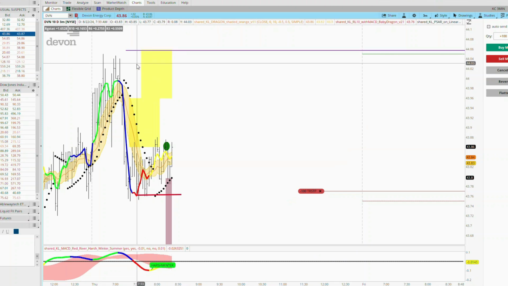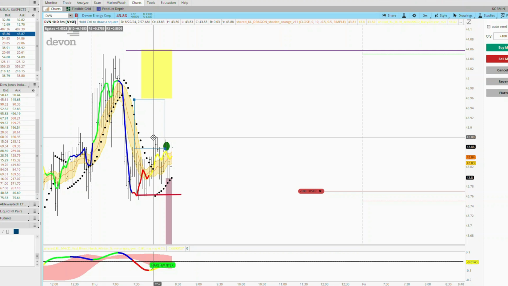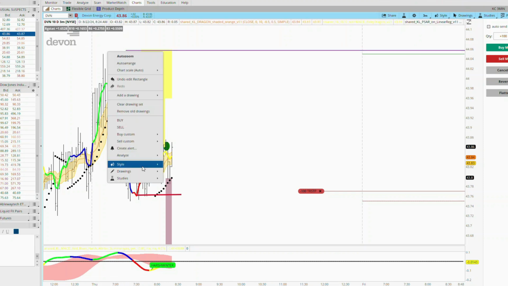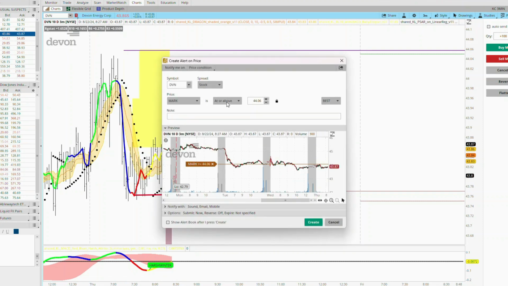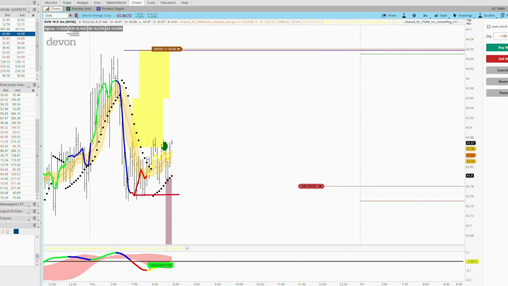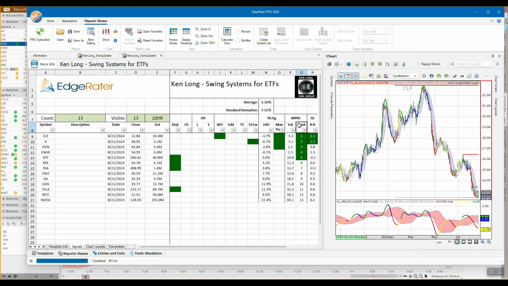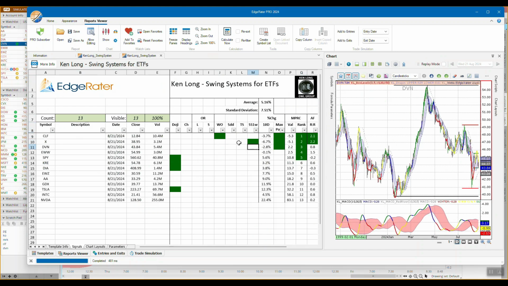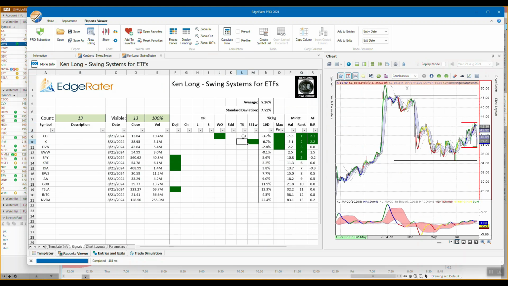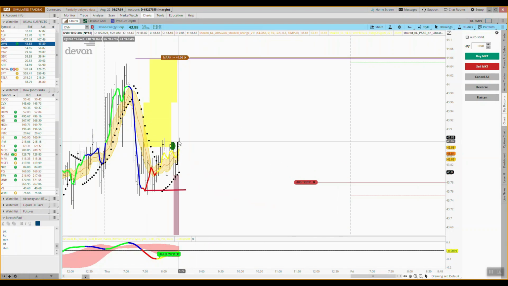The target here is about 2R of our initial risk, so if it gets up to here, I'm going to put an alert in and then tighten up my stop. The main thing is that if we look on EdgeRater yesterday, Devon was one of the top MPRCs. We also had X, so that's what we're basing it on, just looking to find the movers.